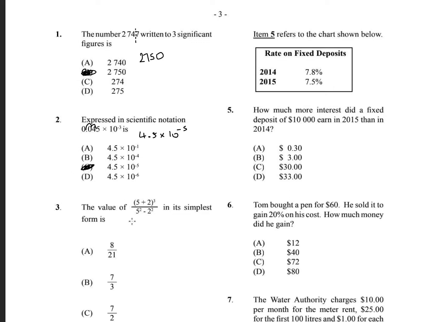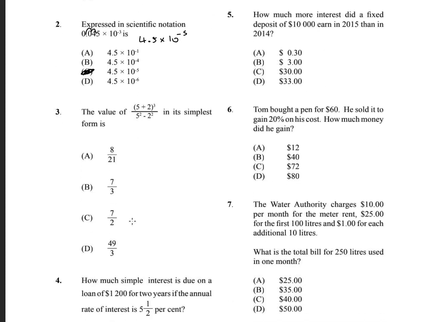The value of (5 plus 2) cubed over 5 squared minus 2 squared in its simplest form. So the first thing that you have to realize when you see this is that 5 plus 2 is 7, and that is 7 cubed over 25, 5 squared is 25, right, minus 4.